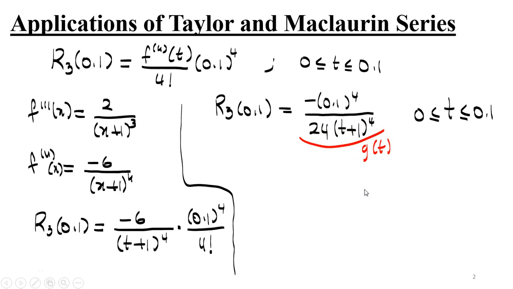Remember that our aim here is to determine the maximum error that could be obtained by this approximation. So in order to do that, I need to determine where g of t is maximum. You'd notice that the error term is in fact a function in the form negative 1 over x to the 4.